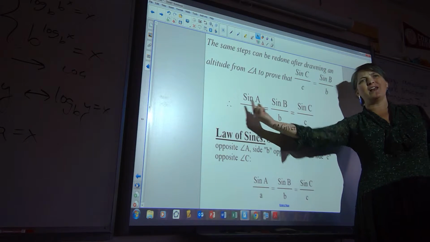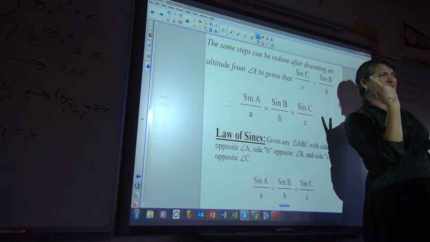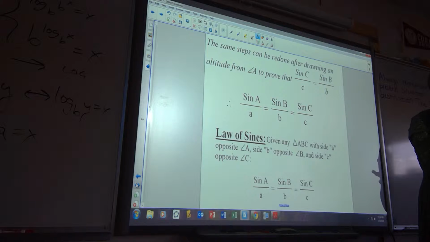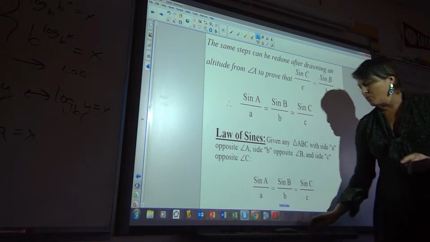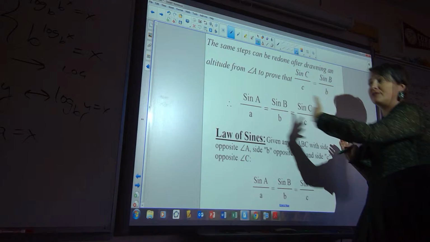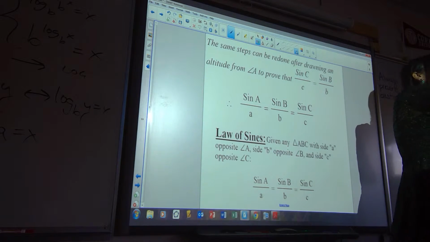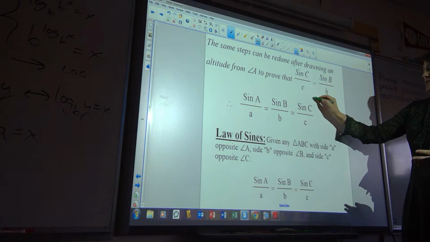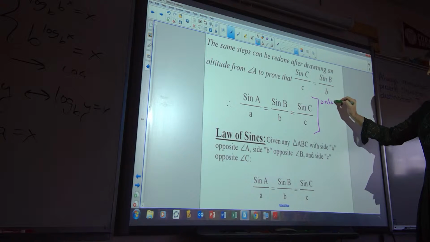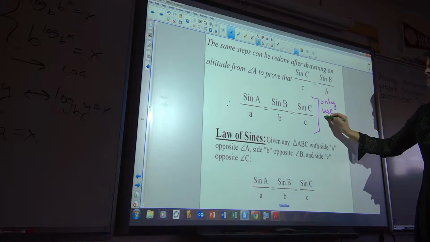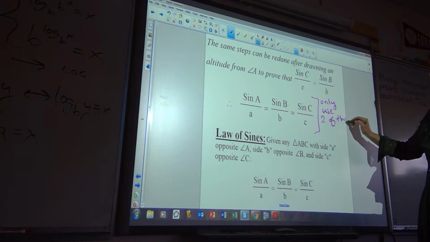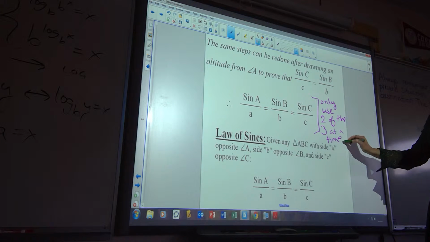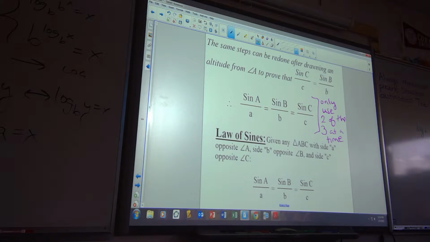Now, have you ever seen an equation with two equal signs? How do you solve that? That's a little bit weird. So what we do is, we have this relationship where all three of these ratios are equal, but you're only ever going to use two of them at a time, depending on what you have in the problem.